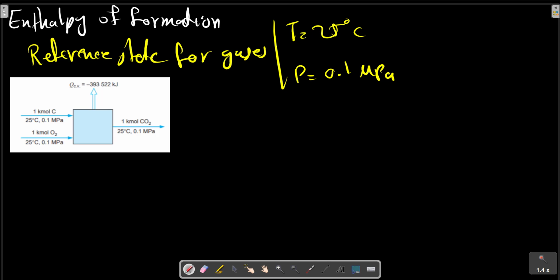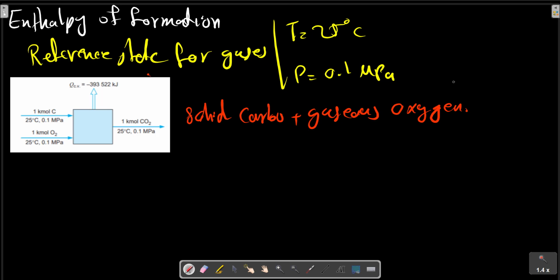Solid carbon plus gaseous oxygen, each of which enters the control volume at reference state 25 degrees centigrade and 1/10 megapascal, and the product leaves at 25 degrees centigrade, 1/10 megapascal.